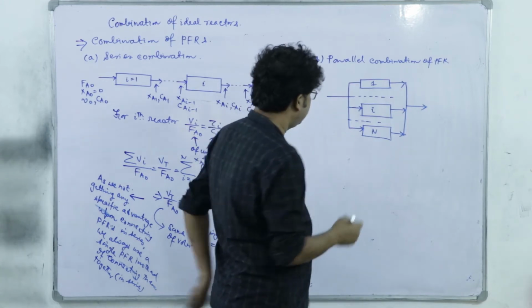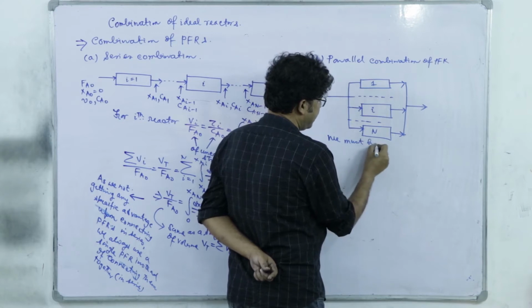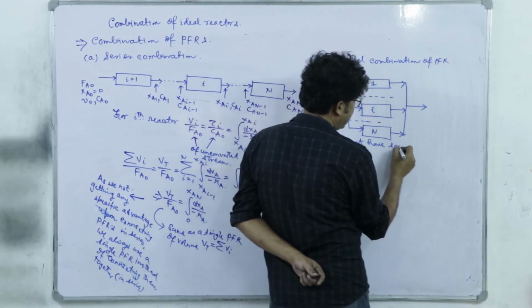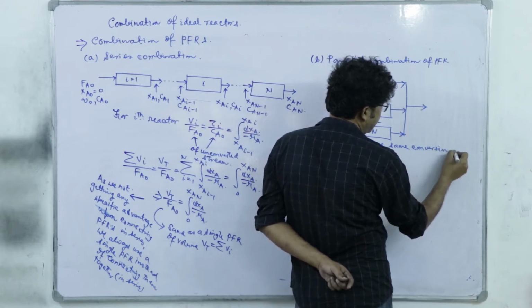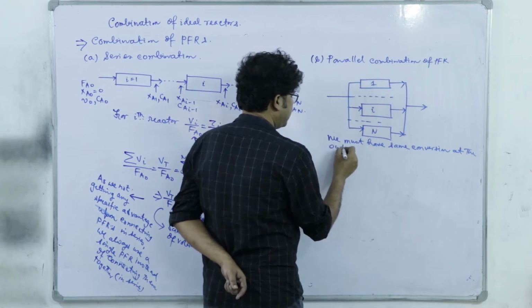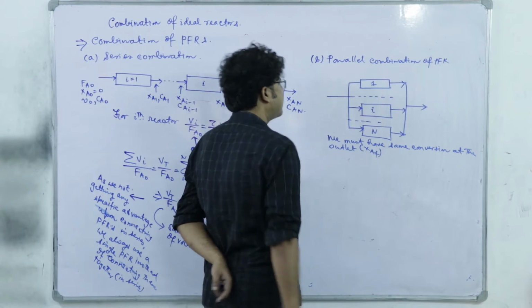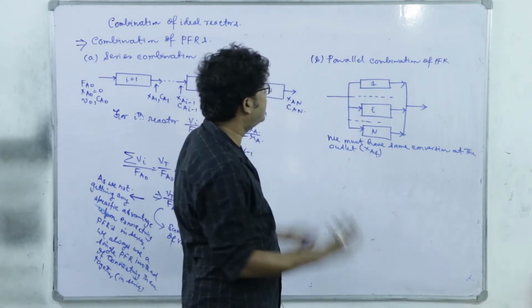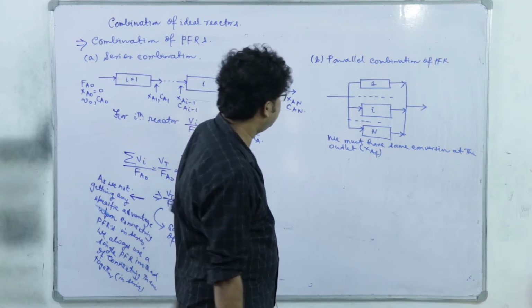So, we must have the same conversion at the outlet, that is say XAF, because if we have different conversions they will be mixing up and again it may create a problem.